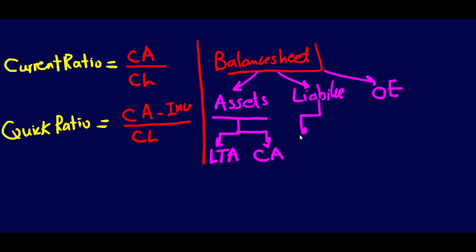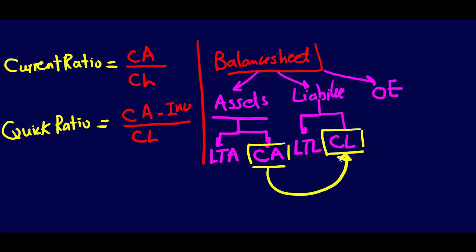Under liabilities are long-term liabilities and current liabilities. In liquidity ratio, we are focusing on current assets and current liabilities: how the company can utilize its current assets in order to pay its short-term obligations represented in current liabilities.